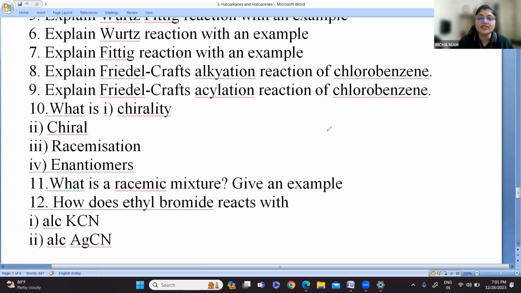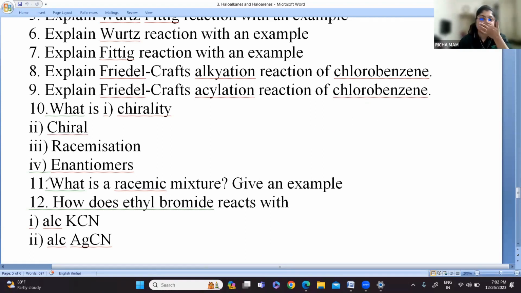Chiral compounds are those compounds in which the carbon atom is attached to four different atoms or molecules. Then it is called a chiral carbon. So what is a chiral carbon? The carbon to which four different atoms or molecules are attached.